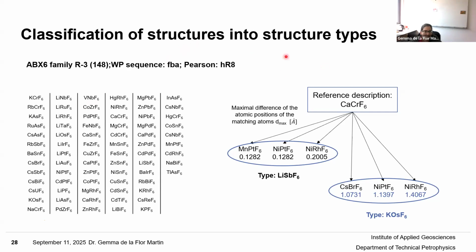We can take as the reference structure calcium hexafluorochromate, and then applying the criterion of the maximum difference of the atomic positions of the matching atoms, we have distributed all these different structures into these two groups that actually are the two structure types of this family.